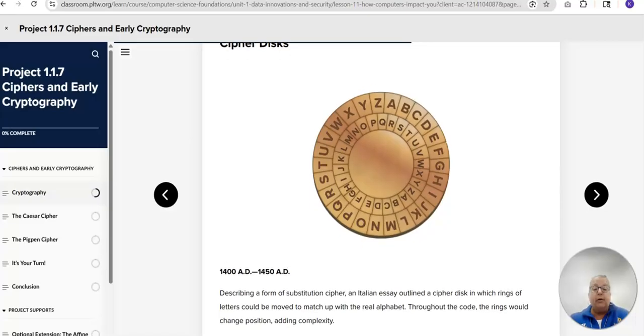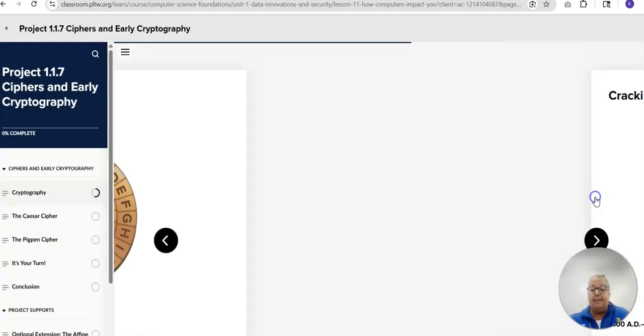So what you do is these rings, you could like line them up so that if you were trying to say A, you would use like, if it was lined up just so, you would say A is R, B is S, C is T. You would do that to know which letters to use. And it depends how you spun it to get it to fit. Throughout the code, the rings would change position, even adding more complexity.